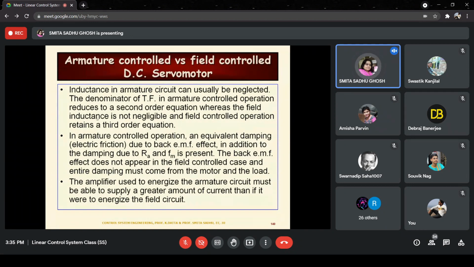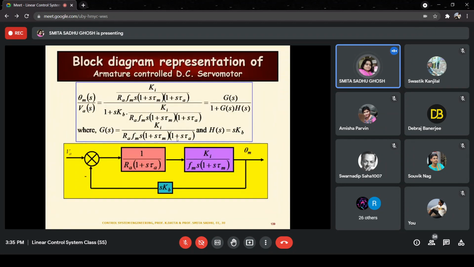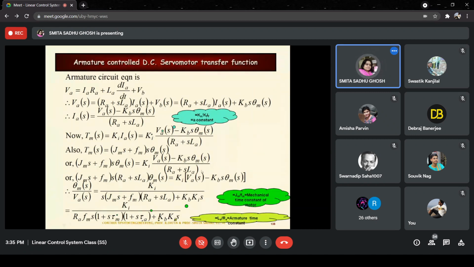The next point of difference that I would like to point out is that in the armature control DC servo motor, there is an additional term which has come due to the back EMF. If we just look at that term, I prefer this basic form, because over here you can see everything, because within tau A and tau M certain things are hidden, so that's why I'm showing this form, easier to visualize from here.